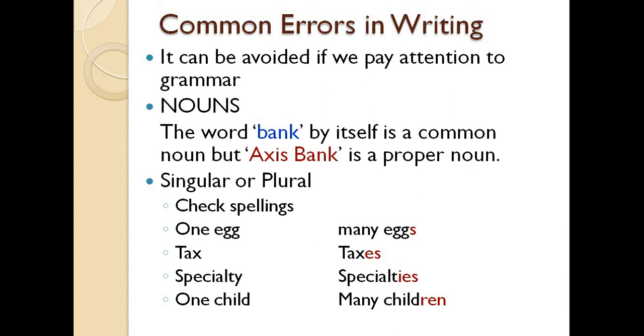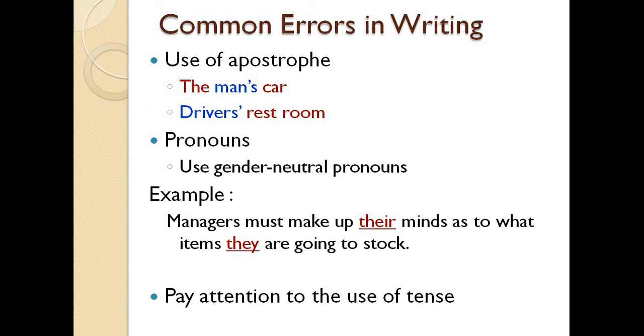You also need to check on singular or plural, because there are different ways of writing these plural things. Apostrophe. Can you see man's car, driver's restroom? The first one says it is a car that belongs to the man. The second one says it is a restroom for all drivers.